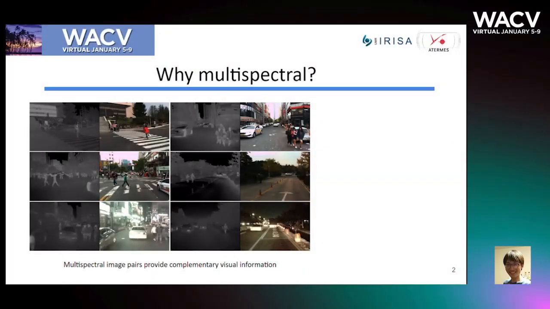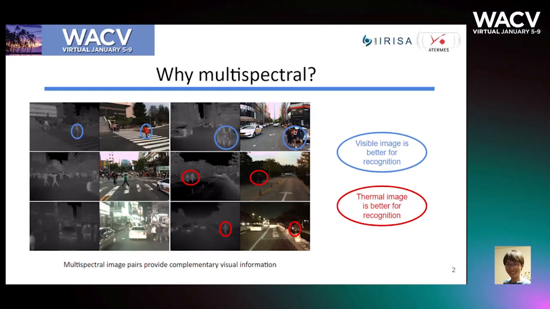Why do we need multispectral images for pedestrian detection? Thermal and visible cameras have different imaging characteristics under different conditions. For example, visible cameras provide precise visual details such as color and texture in a well-lit environment, while thermal cameras are sensitive to temperature changes, which is extremely useful for nighttime or shadow detection.